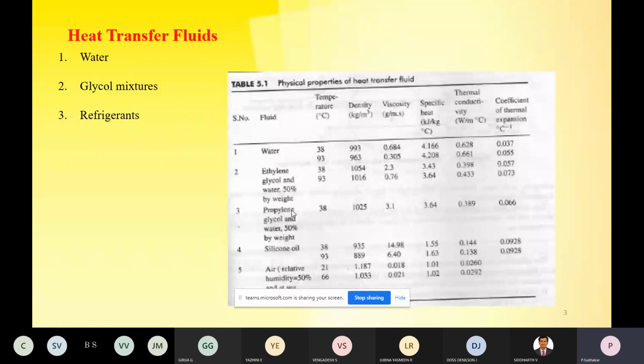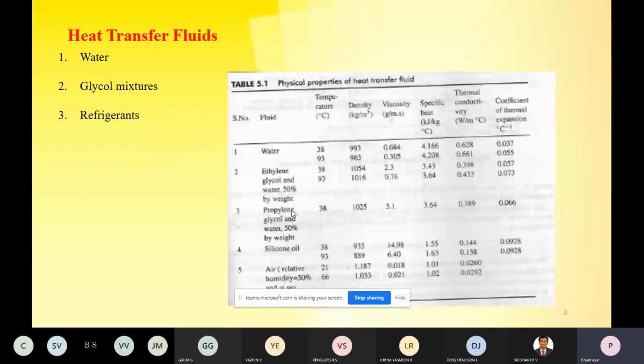Ethylene and propylene glycol are good choices and indeed are in general use. A 50% by weight mixture approaches water in most properties. These are only used in the collector loop, with a mixture of 50% glycol and 50% water, and not on the side of the storage tank.